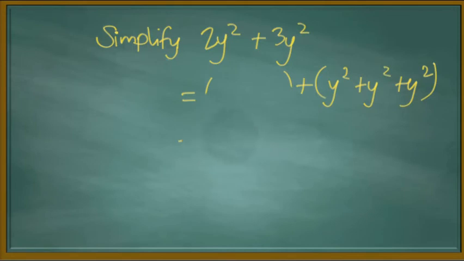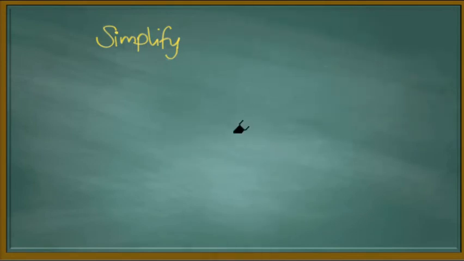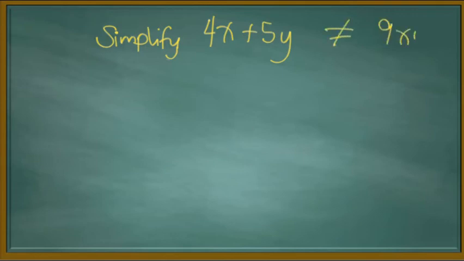Now this time, let's look at a different example. What if we were to add 4x and 5y? Now note how 4x plus 5y is simply 4x plus 5y and not, I repeat, not 9xy.